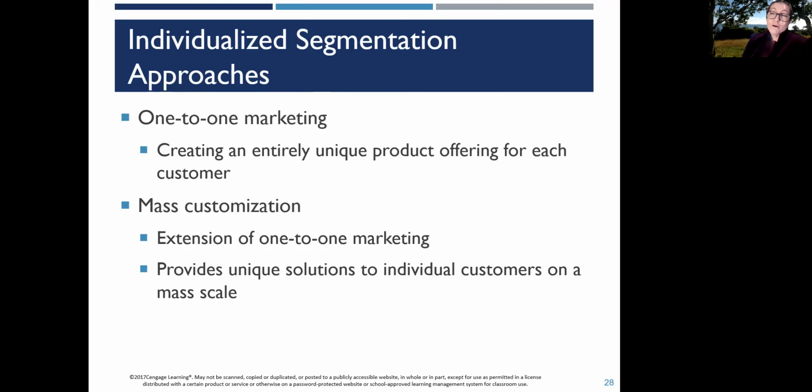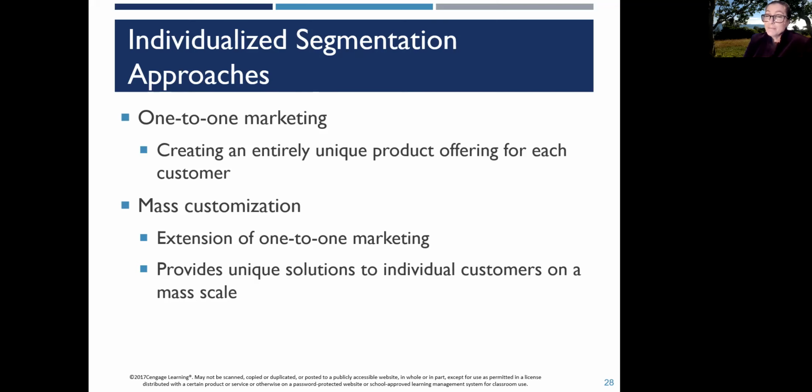Before Henry Ford implemented the assembly line as a production process to increase efficiency, every single vehicle was handmade. Every single vehicle was made specifically for that customer. So this is an example of one-to-one marketing.